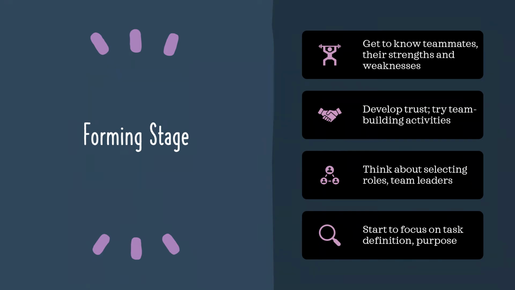Some may be good at something while others lack some attitude. At this forming stage, team members try to develop trust amongst themselves. This is also possible with the help of some team building activities that may be put across by the team leader. They think about selecting roles and also, at times, about the leader.